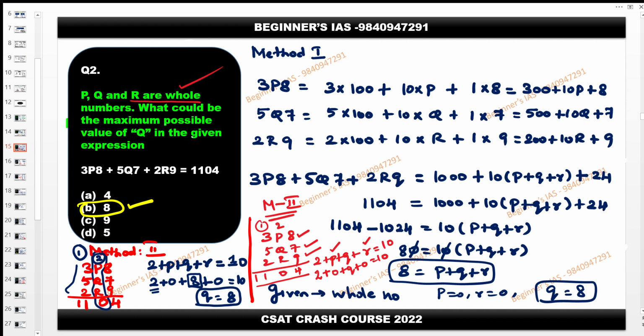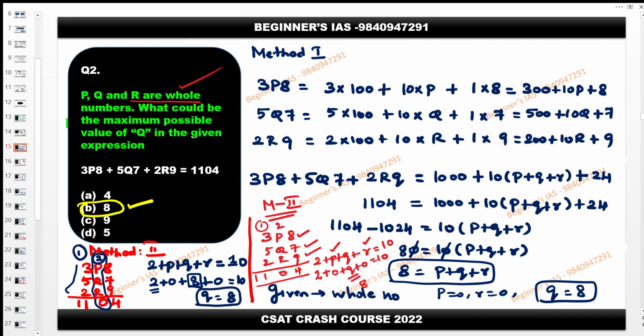What would be the maximum value? So 2 plus Q is equal to 10. What do we have to substitute here in order to get 10? 8 only. So this is the simple method to solve this problem.